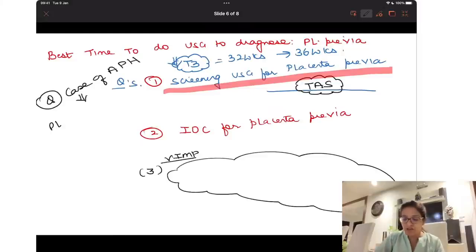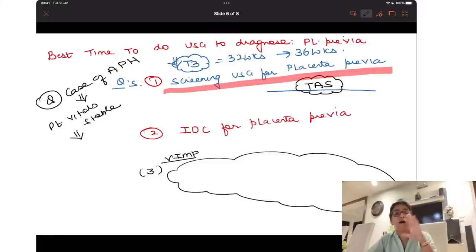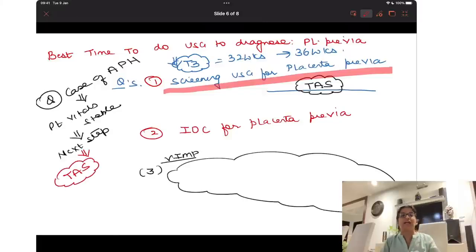And patient के vitals stable हैं और क्वेश्चन में ना पता नहीं लग रहा है कि ये एब्रप्शियो का पेशेंट है कि प्लेसेंटा प्रिविया का पेशेंट है. कोई अल्ट्रासाउंड मेंशन नहीं किया, कुछ नहीं किया. दे हैव सिंपली गिवन यू दैट देयर इज अ केस ऑफ एंटीपार्टम हेमरेज जिसके वाइटल स्टेबल है एंड दे आर आस्किंग यू व्हाट इज द नेक्स्ट स्टेप. So the next step becomes trans abdominal ultrasound because that is a screening ultrasound.